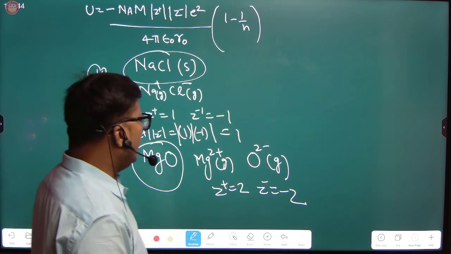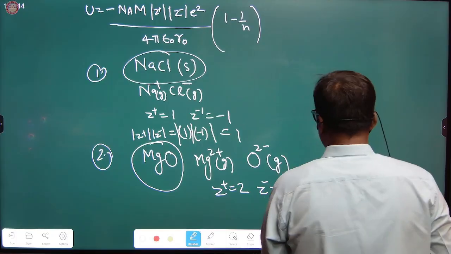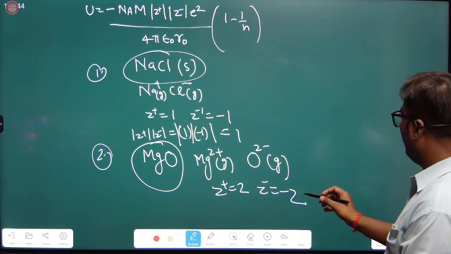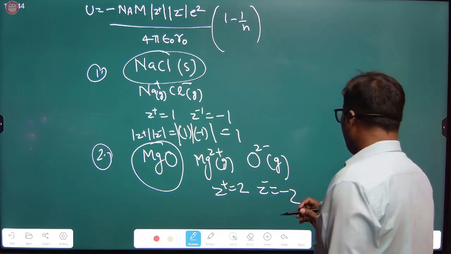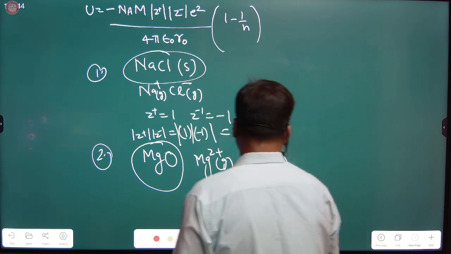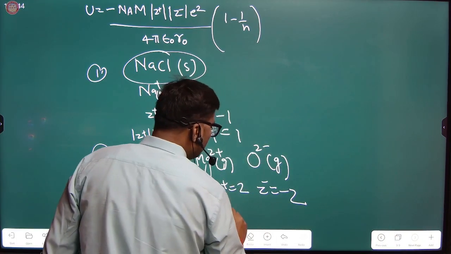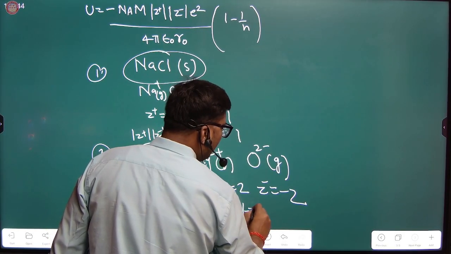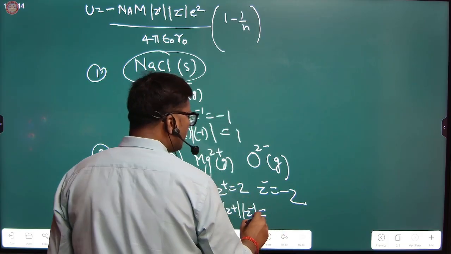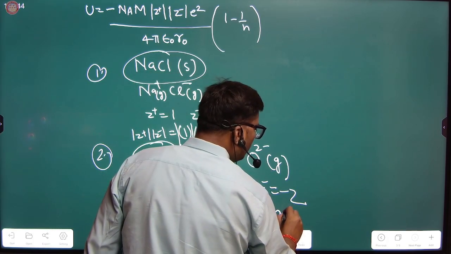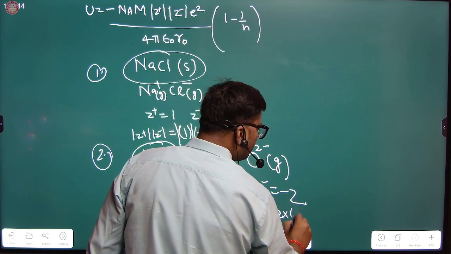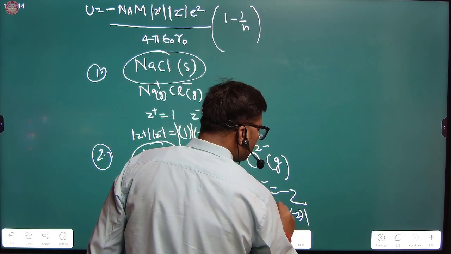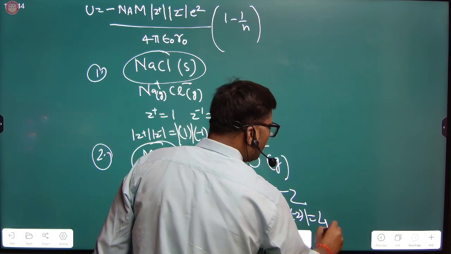So in the second example, you can see here the product of charges, Z plus and Z minus, is equal to 4, right?